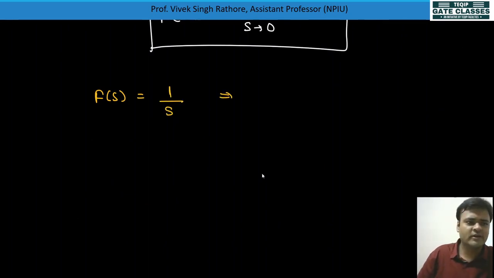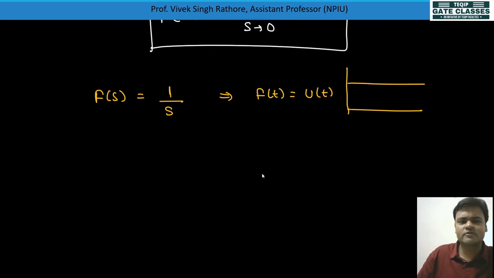What will be the inverse Laplace transform? f of t will obviously be u of t. What is u of t? Its value goes on and on. Can you calculate the final value? u of infinite is always 1, because the value stays 1 as it goes on. So it is defined.